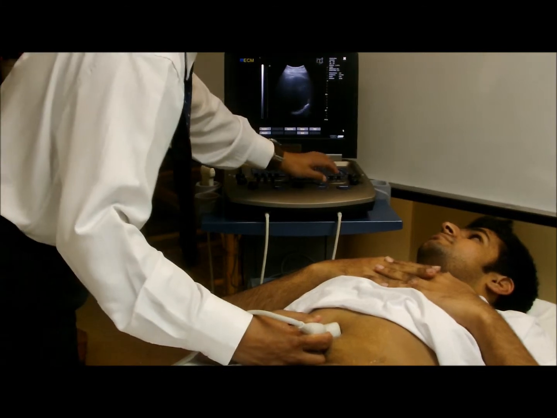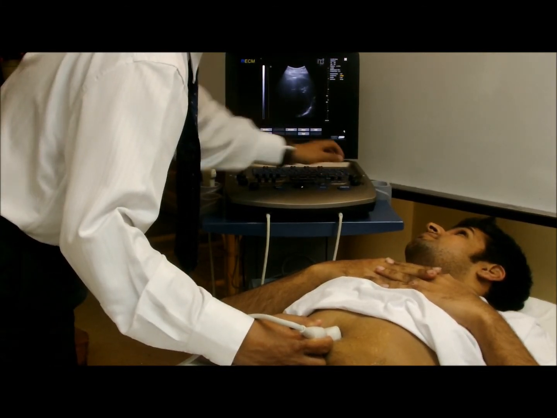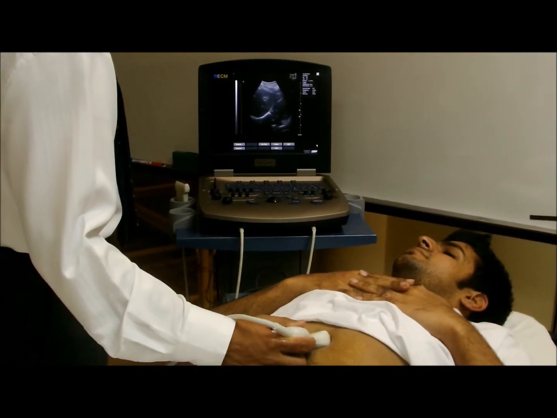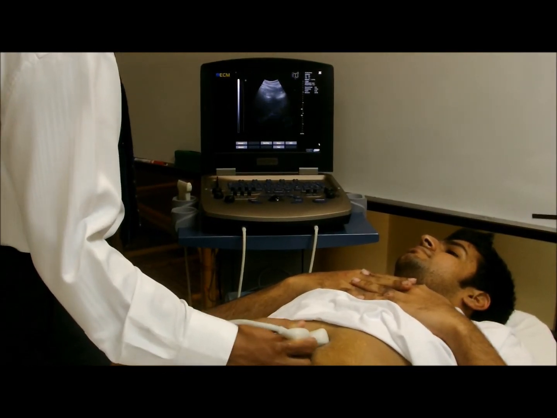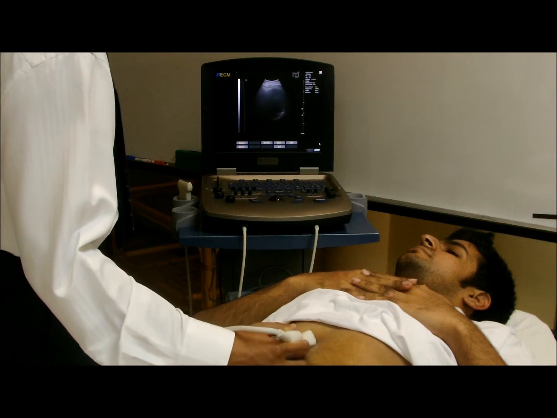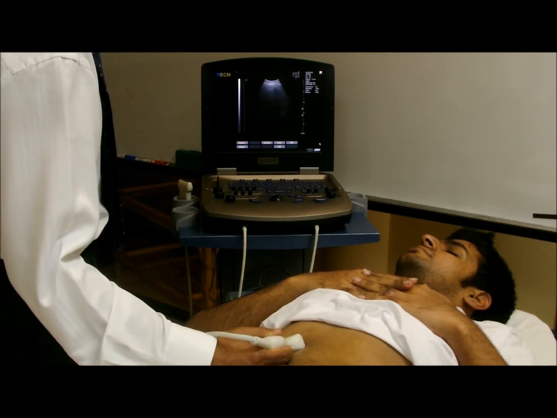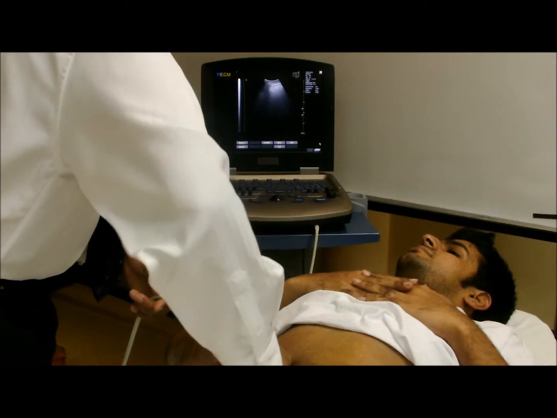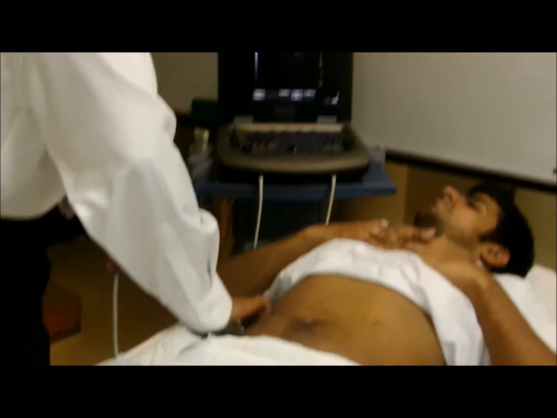Like now, I can see the whole right lobe of the liver. Yeah. Up and down. And I can move on and go on to take a look at the whole liver.